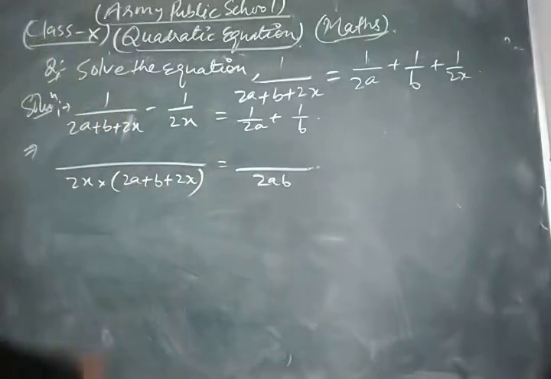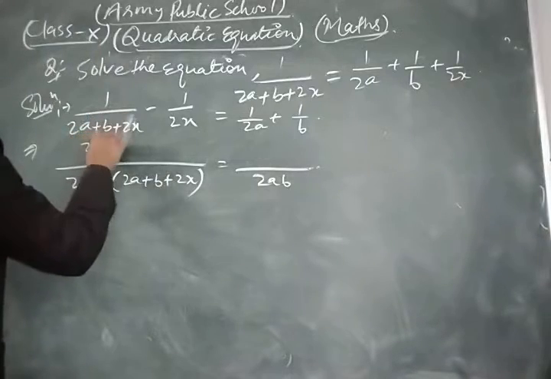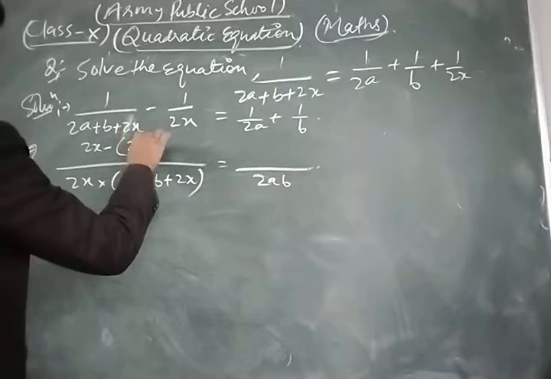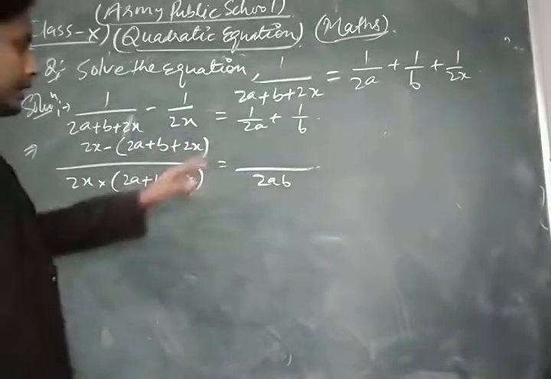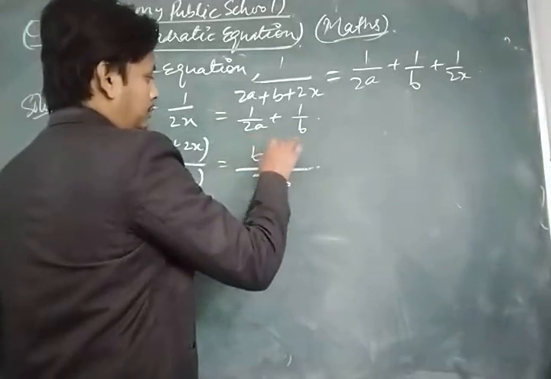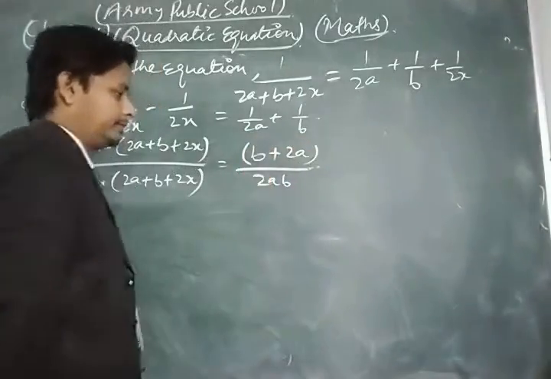Okay, now look here. Now 2x is left, minus 2x cancel to each other, so we get 2a plus b plus 2x left here. And on the right hand side, 2a cancel, b plus b cancel, that is 2a left here.